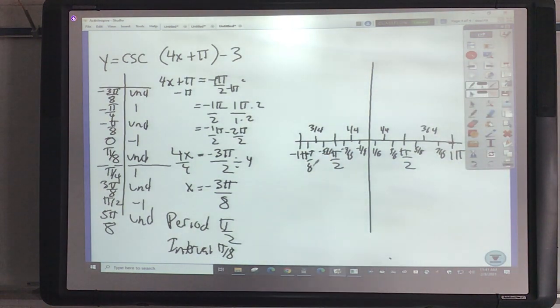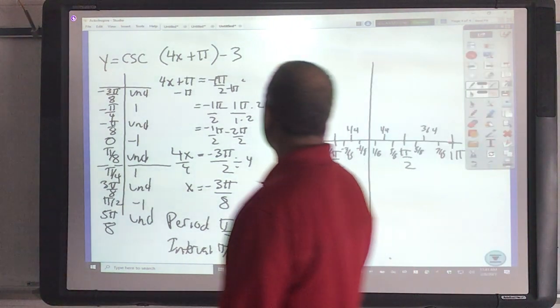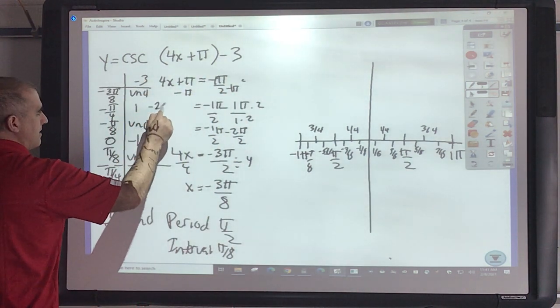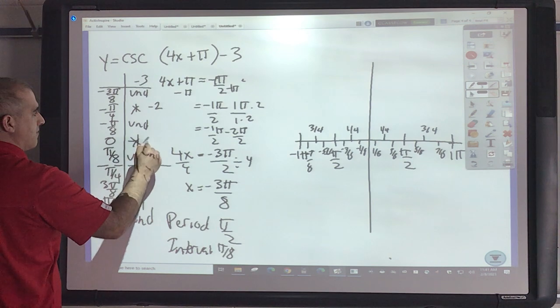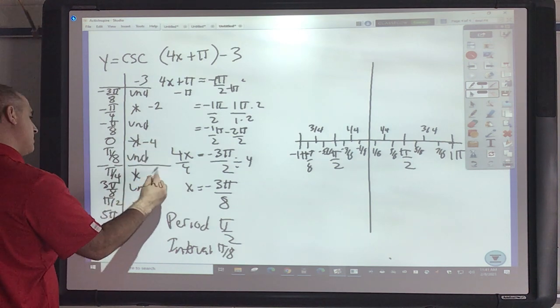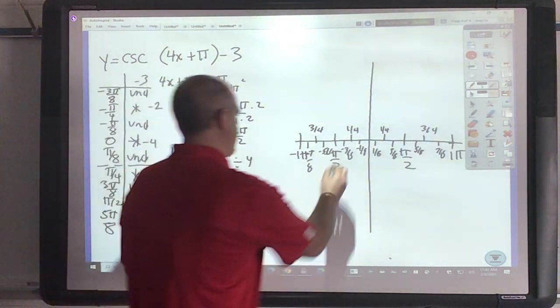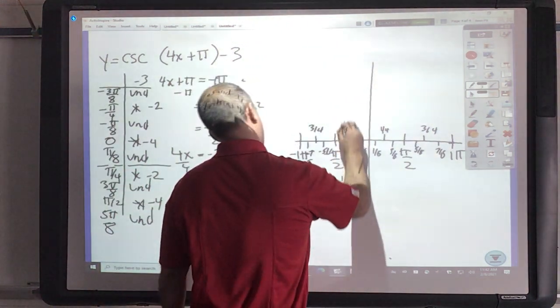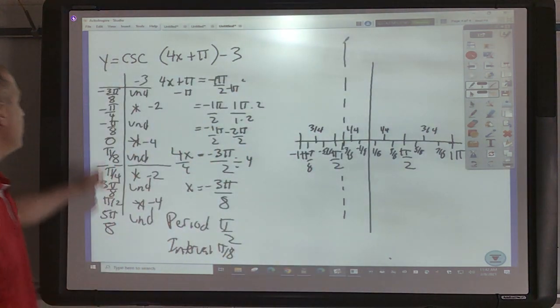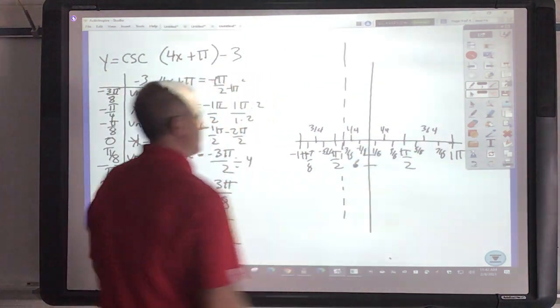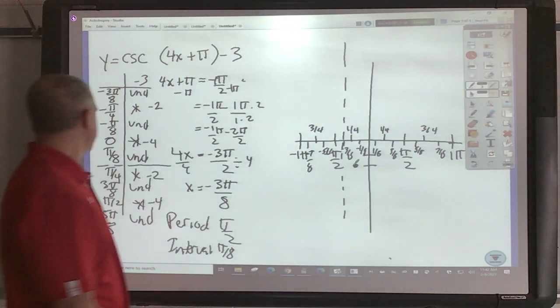Okay? All right, now, what's going to happen with my values? I'm going to subtract 3. So the undefineds don't change. That's going to be negative 2 now. That's going to be negative 4 now. That's going to be negative 2 now. And that's going to be negative 4. Okay, and at negative 3/8 I'm undefined. Let's find that. That's right here. At negative 3/8 I'm undefined. At negative 1/4 I'm at negative 2. At negative 1/8 I'm undefined.